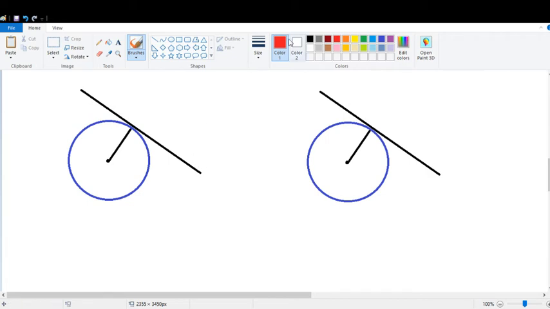Let's say that I have, let's call this line here, line L. If line L intersects the circle at the radius, this is the radius, then this is a 90-degree angle. Again, if line L intersects the circle at one location and it's also intersecting the radius, this is a 90-degree angle.